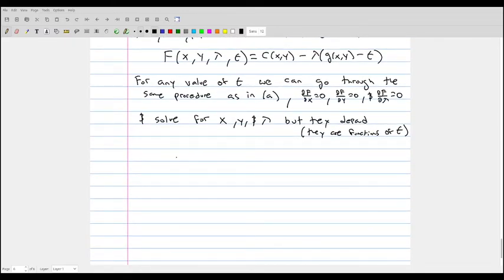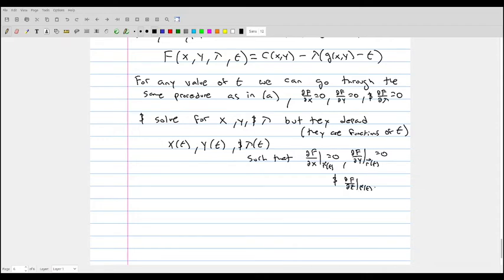So let's say we do that. We go through and we get x of t, y of t, and lambda of t, such that the x partial derivative at r of t equals 0, the y partial derivative at r of t is equal to 0, and the lambda partial derivative is equal to 0.